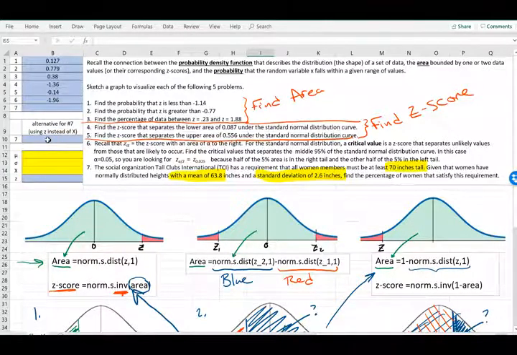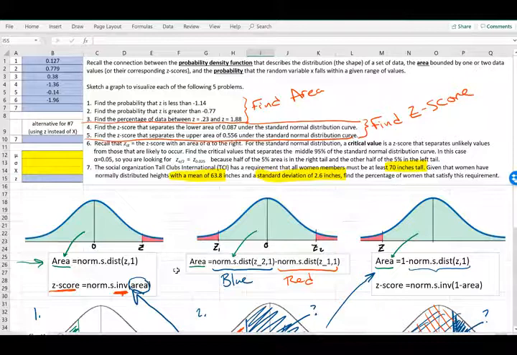That means you have a mean and a standard deviation other than 0, 1. So we can use the non-standard distribution function that's built into Excel. That just means you drop the .s.